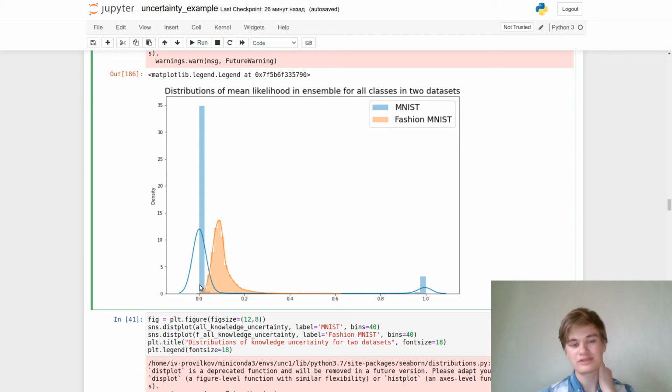And for Fashion MNIST, the distribution of probabilities predicted by our model is different. We have a distribution with the maximum near 0.1. So we can say that it is good, because this means that on out-of-domain data our ensemble gives quite uniform predictions for all classes.